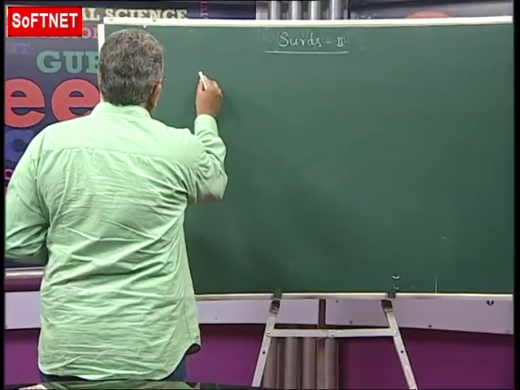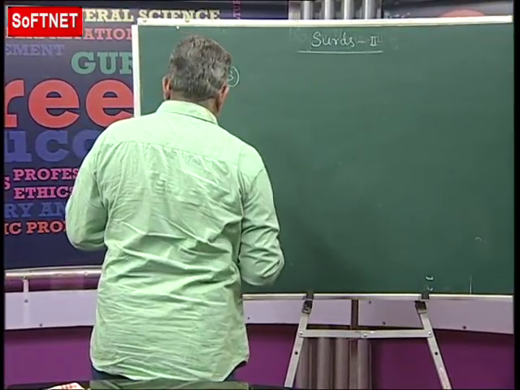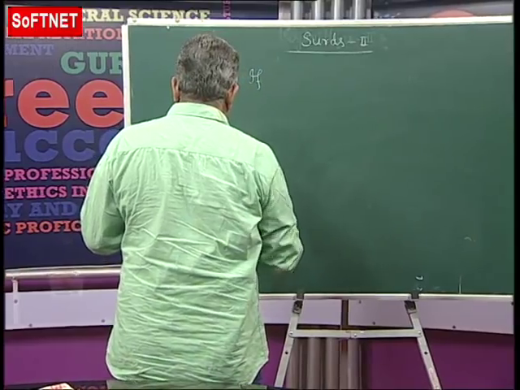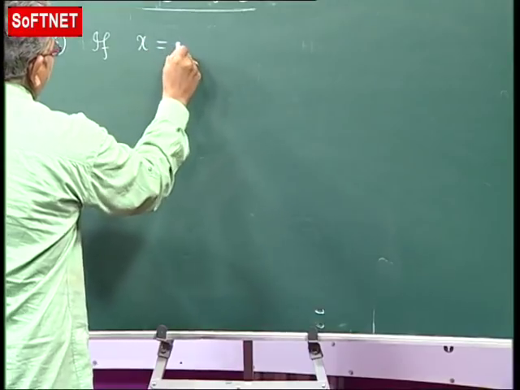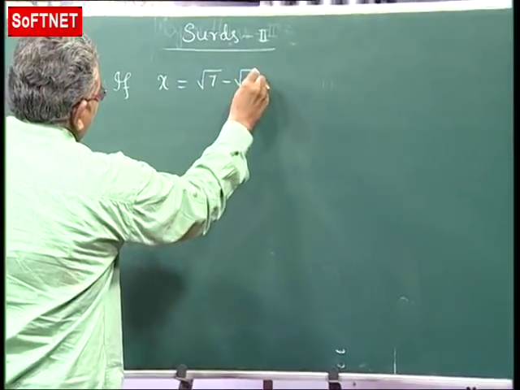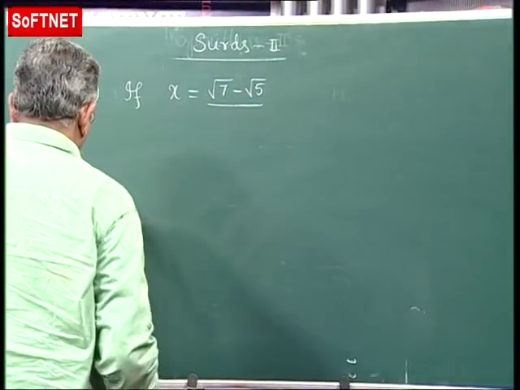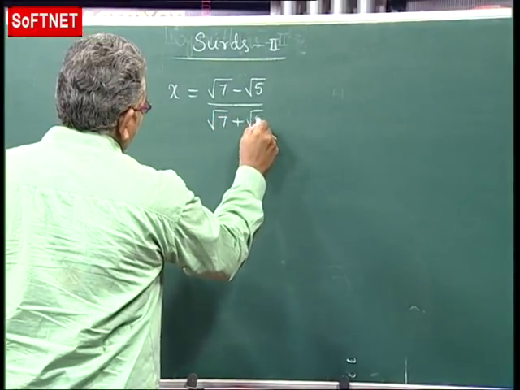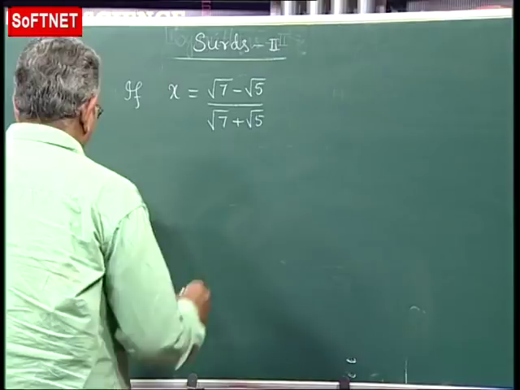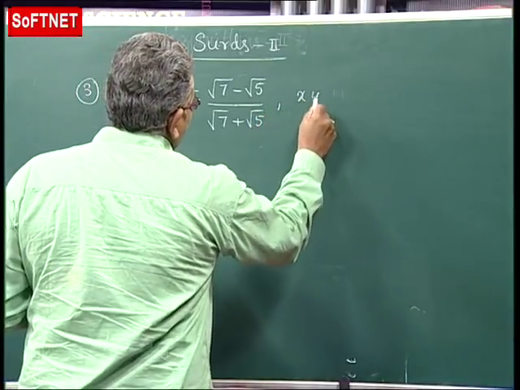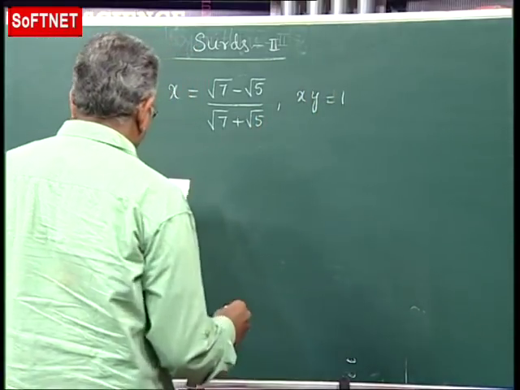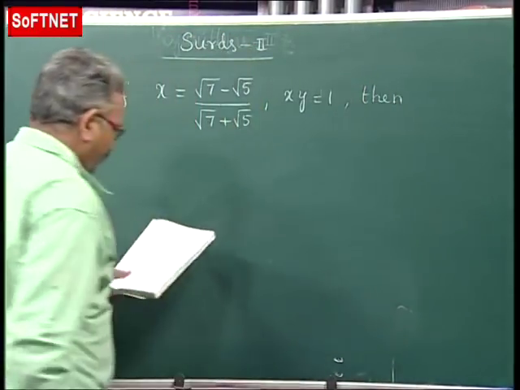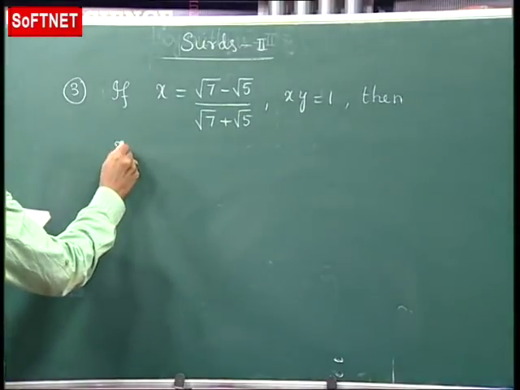Third problem. If x equals root 7 minus root 5 by root 7 plus root 5, and xy is equal to 1, then find x cube plus y cube.